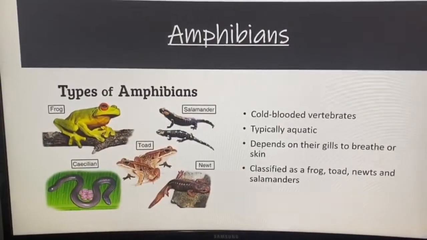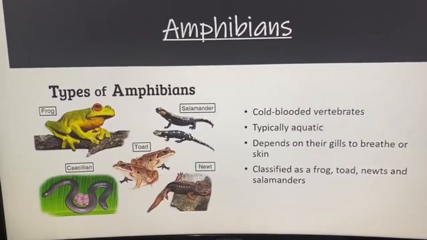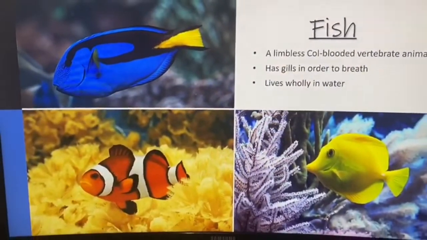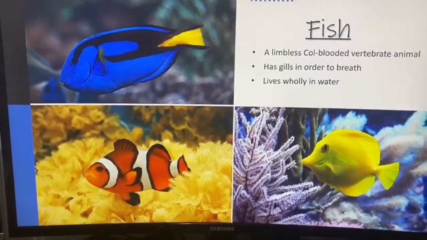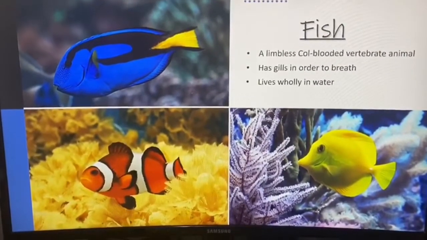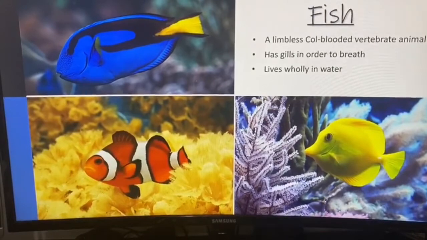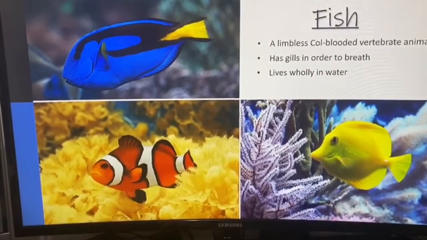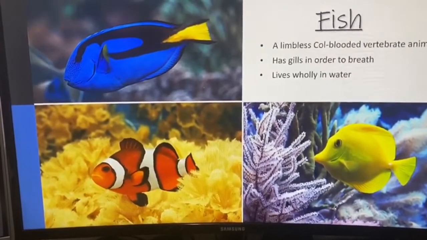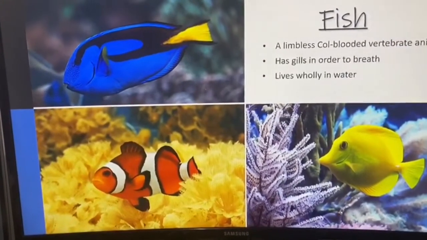The next one we have is fish. They're usually limbless, cold-blooded vertebrate animals that have gills in order to breathe, and they live solely in water. So you could only find them in oceans, lakes, and different types of rivers.